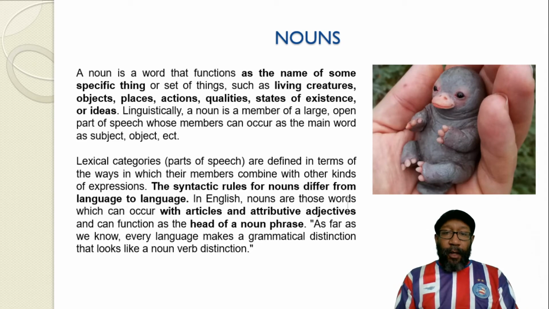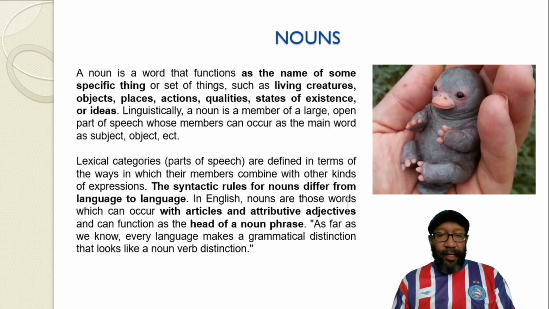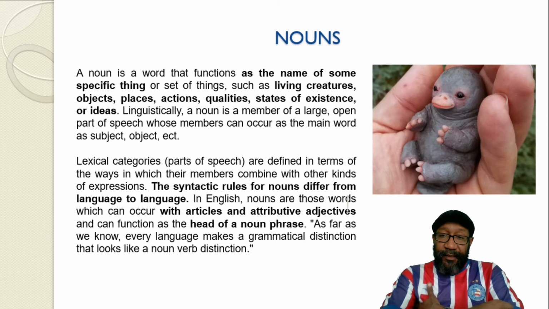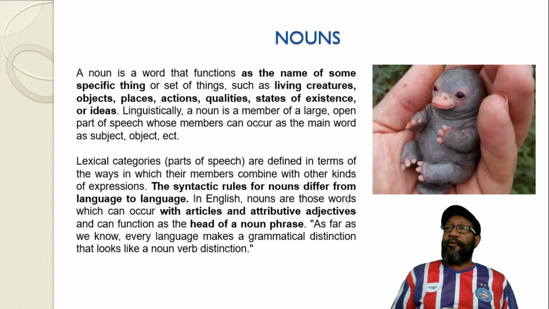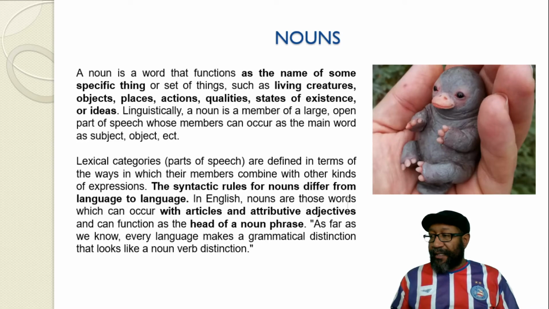A noun can occur with articles and attributive adjectives, and it can be the head of a noun phrase. A noun phrase is a phrase where the noun is the most important element, different from a verb phrase, where the verb is the most important.